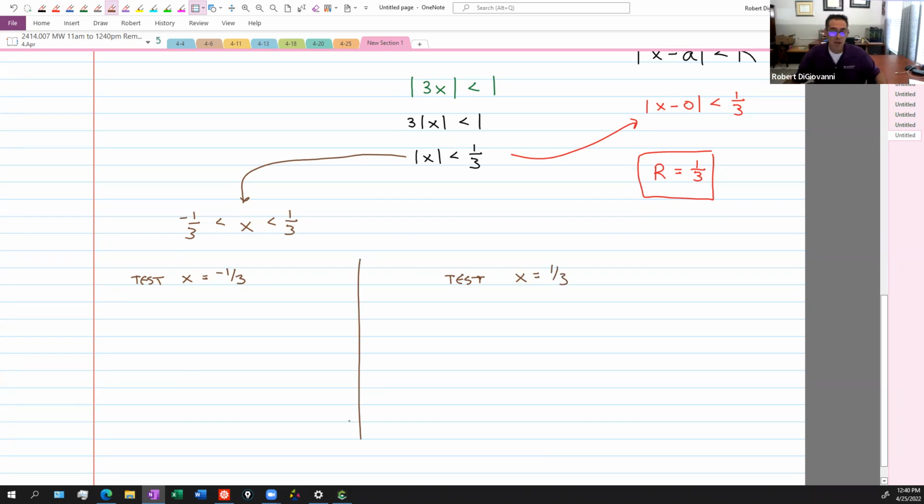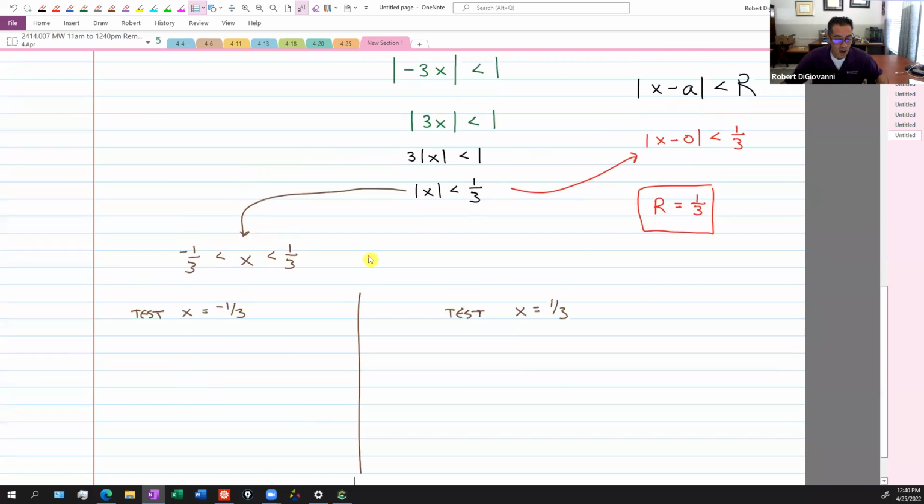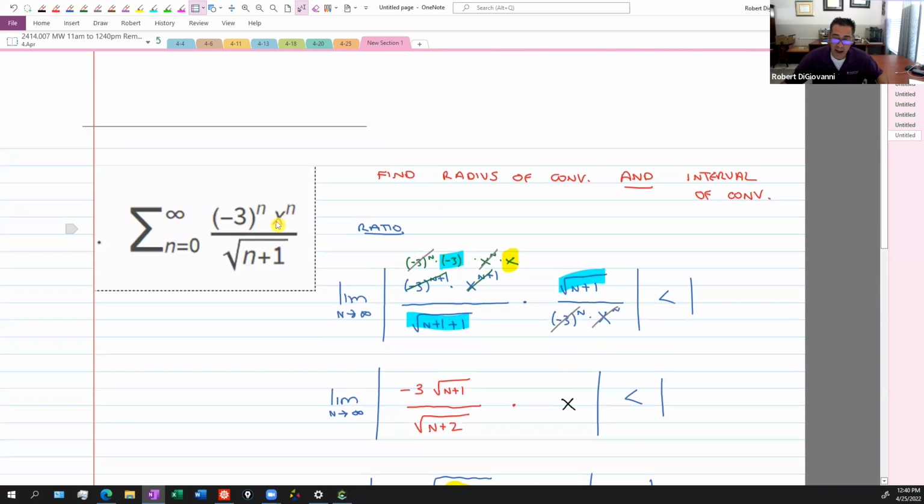Now, I don't have time to do that. There are 2 different tests, but do y'all understand what we would have to do? Take these x values and plug them into this for x. And when that happens, good things are going to happen, okay? And you're going to have to figure out what those series are. Imagine plugging a 1/3 right in there. You would have -3 to the n times 1/3 to the n.